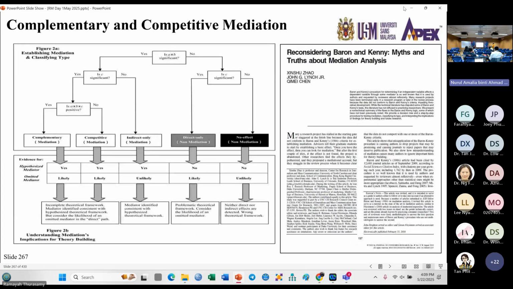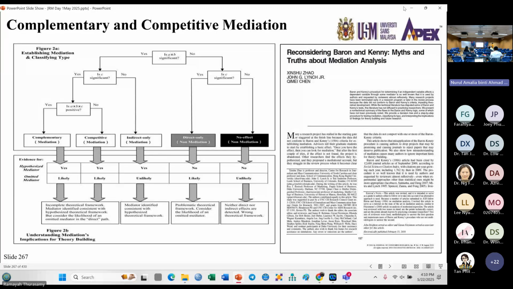Okay, we also have this paper by Zhao, which suggests that you can divide your mediation into complementary and competitive. I usually don't like to do this, but sometimes you have reviewers who will request you to do this. What you need to do is take A times B times C. If A times B times C is positive, then you have complementary mediation.